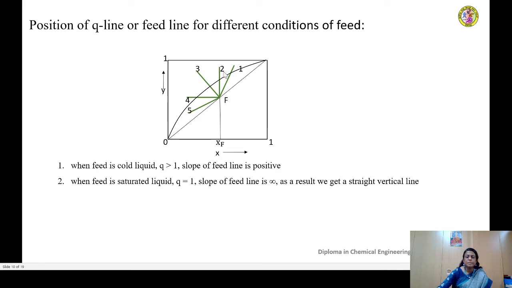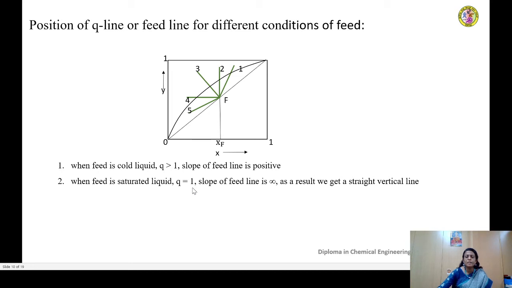So whenever the feed is entering as a saturated liquid, Q value will be exactly equal to 1, because whatever amount of liquid that enters gets added to the stripping section. So if 1 mole of feed enters, then 1 mole of liquid flows in the stripping section. So Q value will be equal to 1.